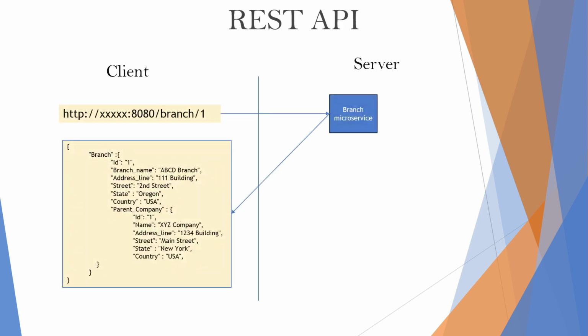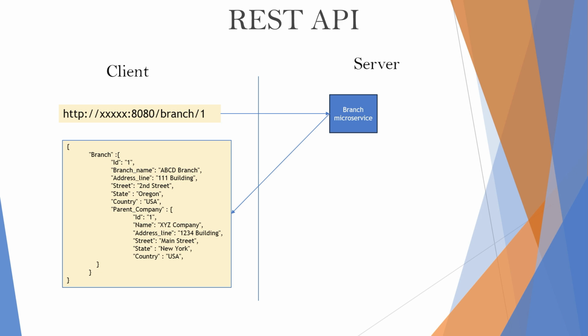Also, if I need only the branch name from the output, if I want to set such a requirement in the REST API, I need to expose one more endpoint, right? There I might say branch slim /1, that means slim data that need to be sent back. There, branch microservice take all the details from the database, then it will filter there and send only the branch name.